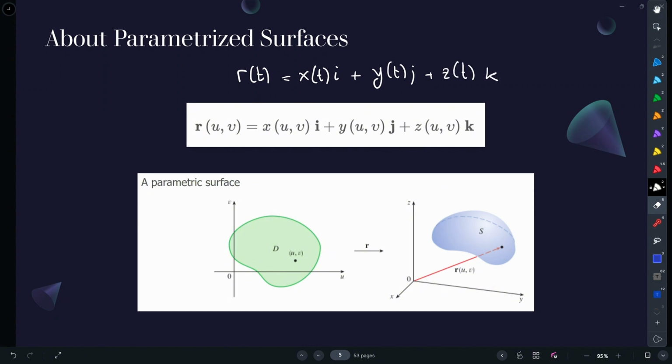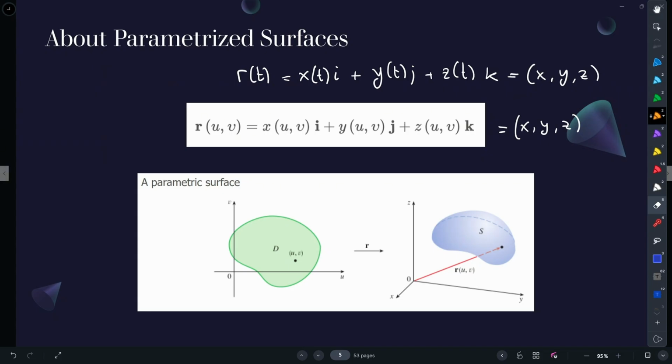This would be just the x, y, and z coordinates. And here we are also going to have x, y, and z coordinates for our surface. But when we parameterized curves, which are one-dimensional objects, we only needed one parameter. When we're parameterizing surfaces, we have 2 different parameters.